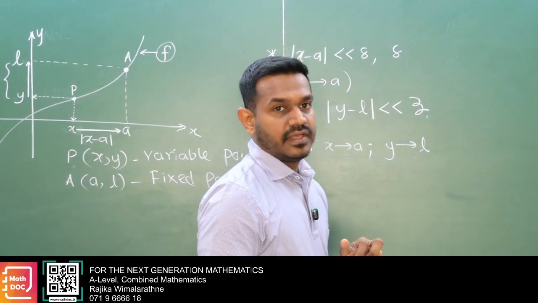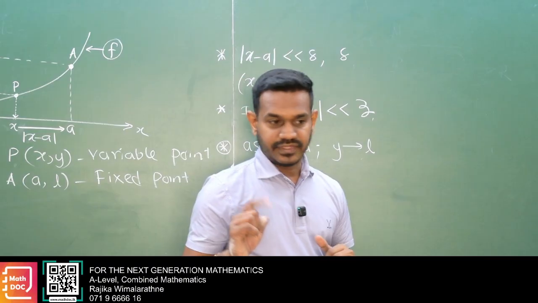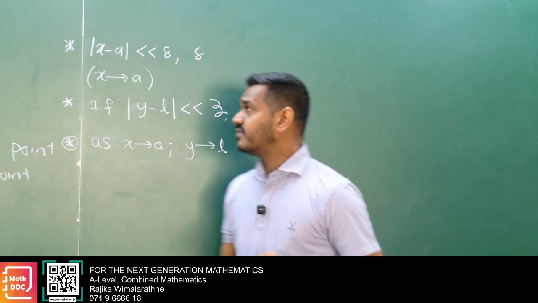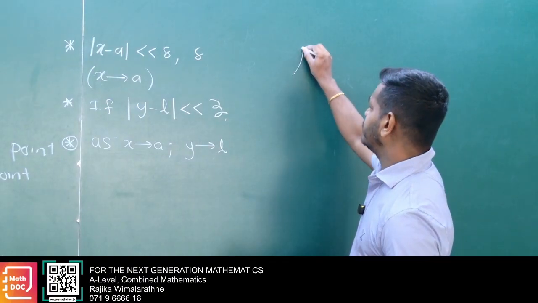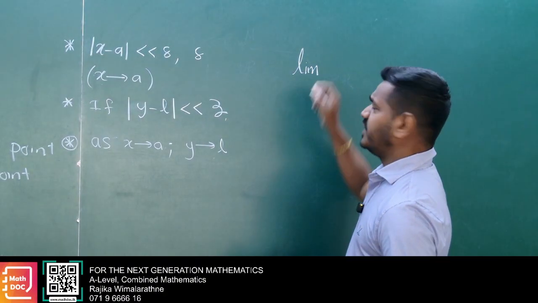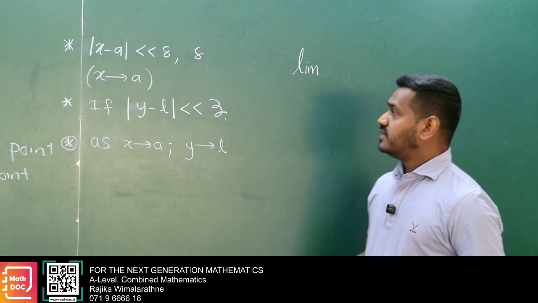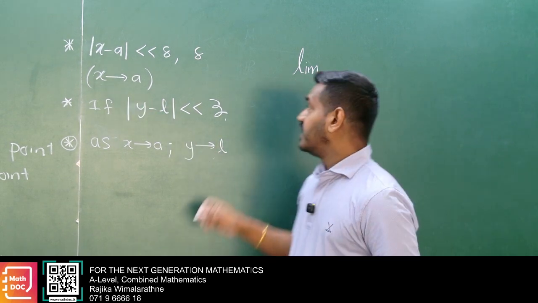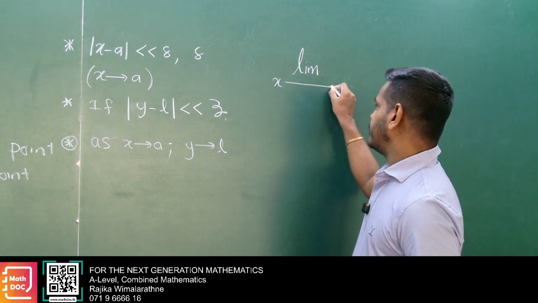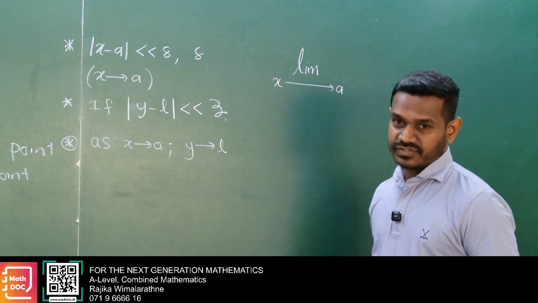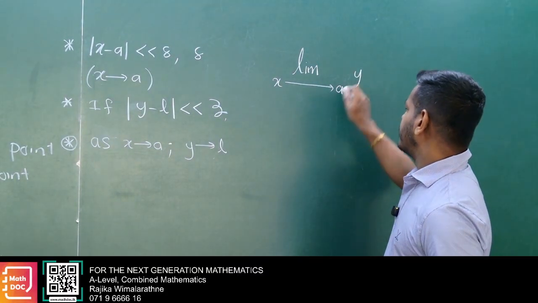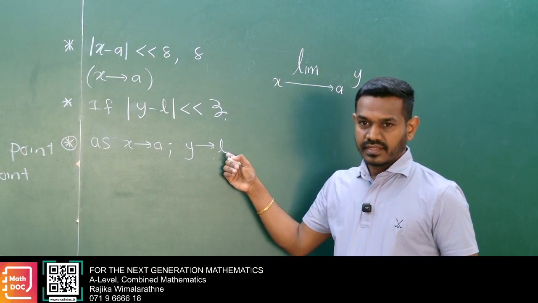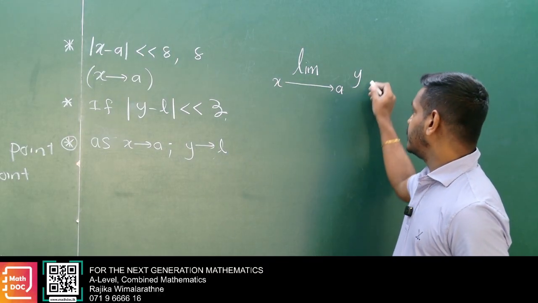Okay. Now here we have a new notation for that. See this one now. Here the notation we discuss about limit is LIM. So mainly we check variation of x first. Limit as x goes to A, y goes to L, no? Then here we check tendency, so no need to put an arrow here.